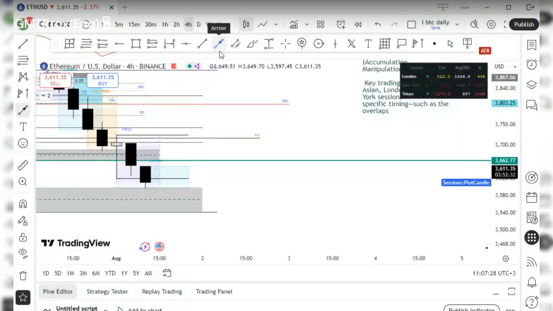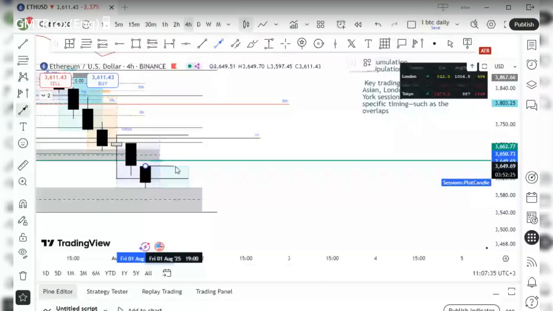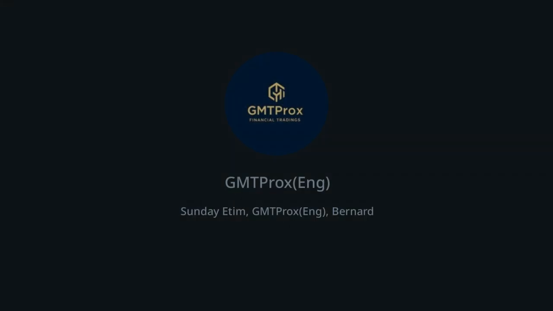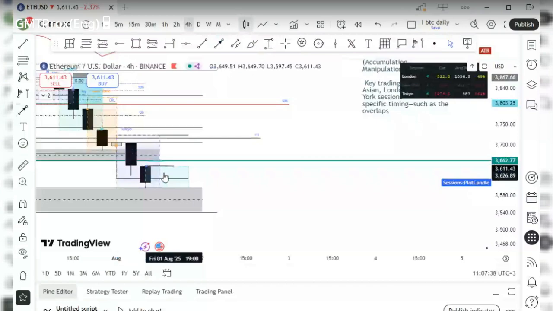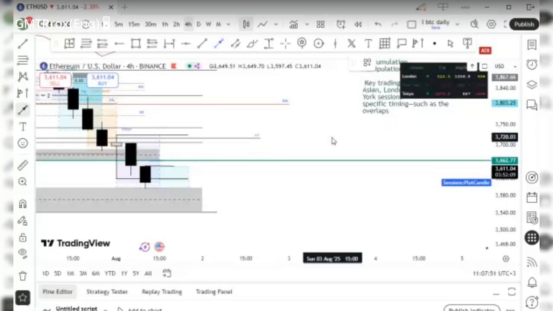So your entry should always be where? Now you come and say, this is my opening price. Bearish. So guys, a change of character, but remember, on the lower time frame, when the market does the expansion and the distribution, it doesn't end there.